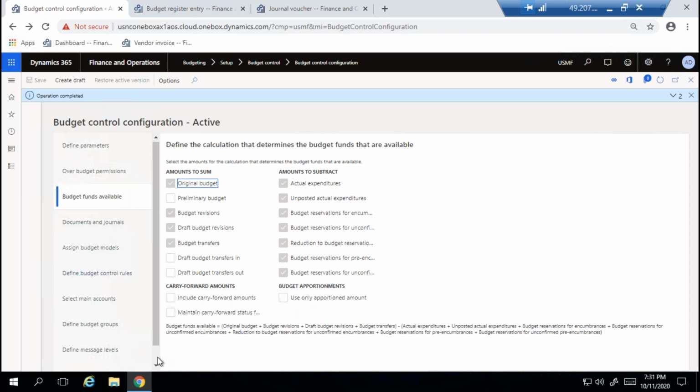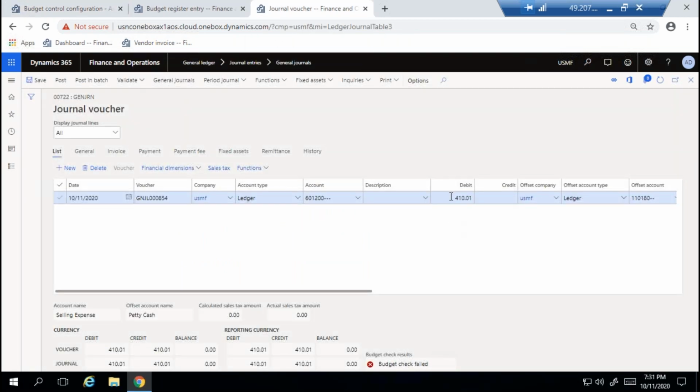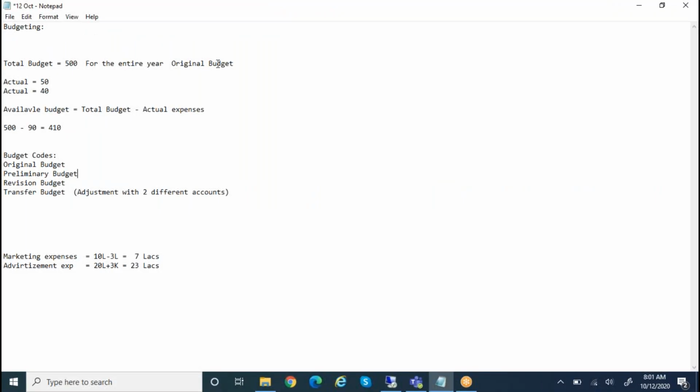I have activated, and budget is turned on. Now what is the amount it will allow me? Up to how much will it allow me? I want your participation here. Total budget is 500 plus 300, am I right? 800.